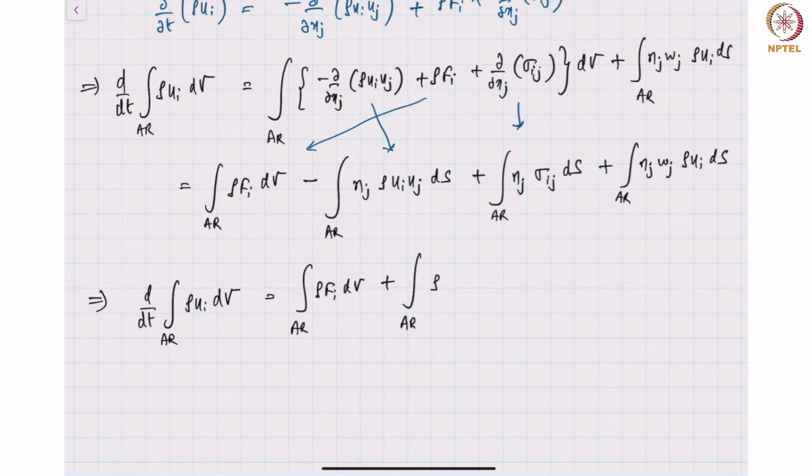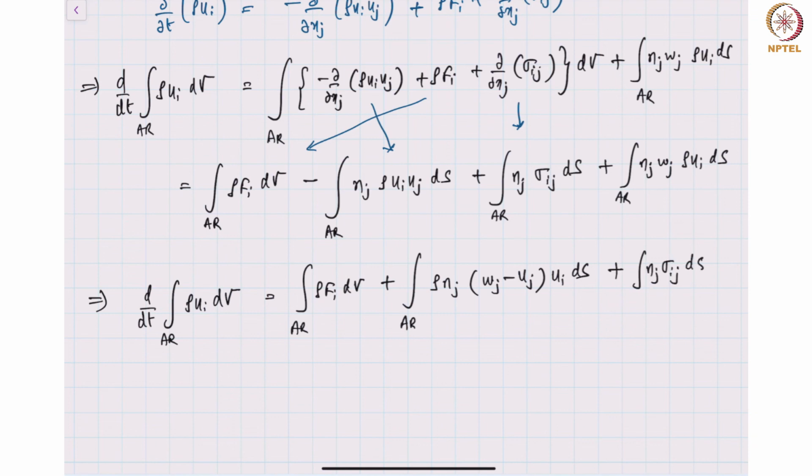So that is rho nj (wj minus uj) times ui dS, and finally I have the stress tensor term.